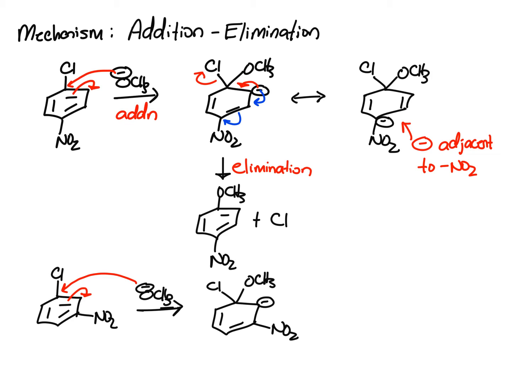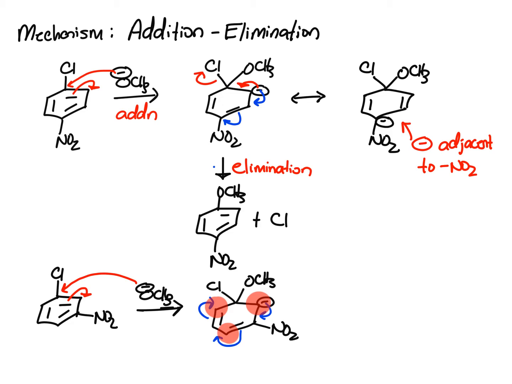But then, if you move this negative charge around the ring through resonance, you're only going to be able to get it at a few different positions. So we can get it here, we can move it to here, and we can move it to here. We're never able to get the negative charge on the carbon next to the nitro group, so we don't get that extra stabilization of the withdrawing group stabilizing the negative charge.